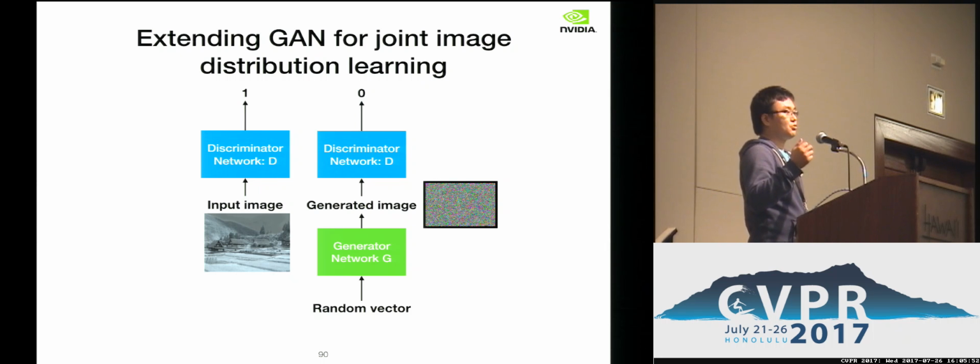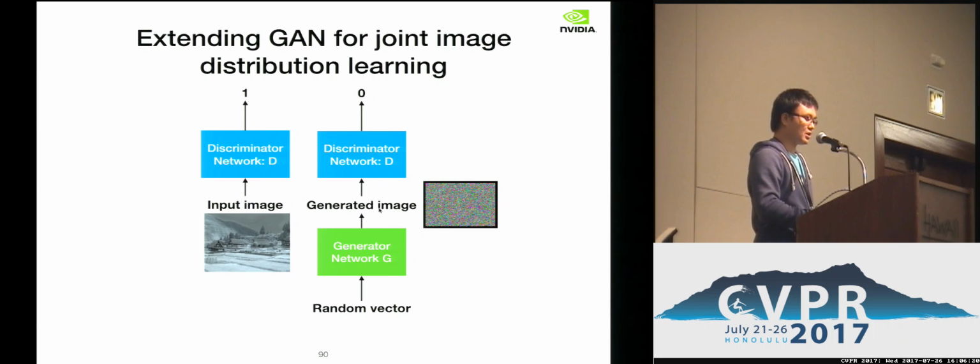Under this supervised setting, or paired, with access to paired images in the training data set, you can easily extend the original GAN framework for learning the joint distribution. Here, again, we want to learn the P of X, an image from the first domain, and X, an image from the second domain. Again, we have a discriminator trying to differentiate real images, and a generator generates some images, and the discriminator differentiates true or fake.